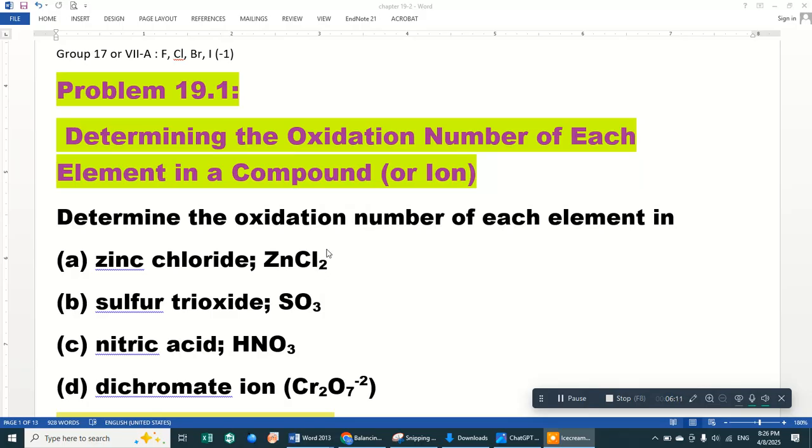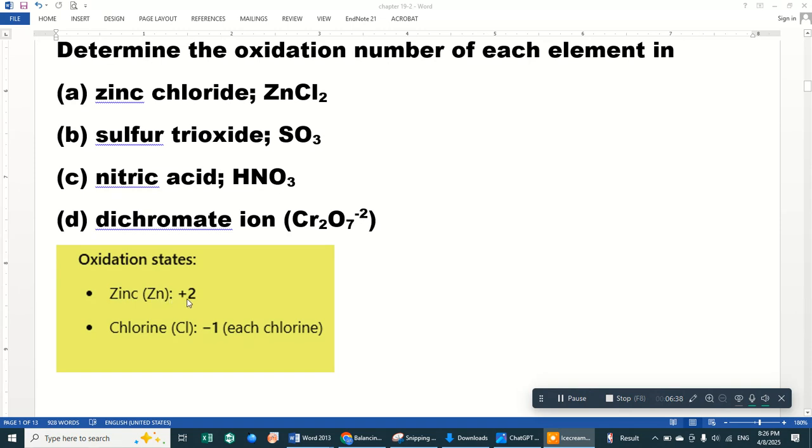There are two chlorines, giving -2, and zinc has +2. For a neutral compound like zinc chloride, you must put the oxidation states plus and minus, and the sum of all the oxidation states must be 0. Zinc has +2, each chlorine has -1, two chlorines give -2, so -2 and +2 equal 0.